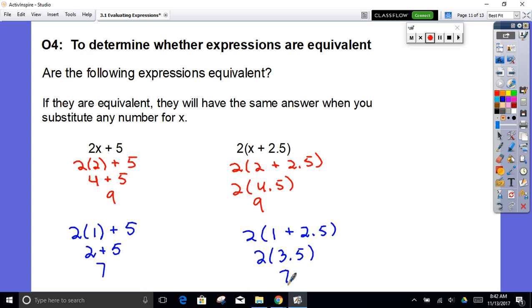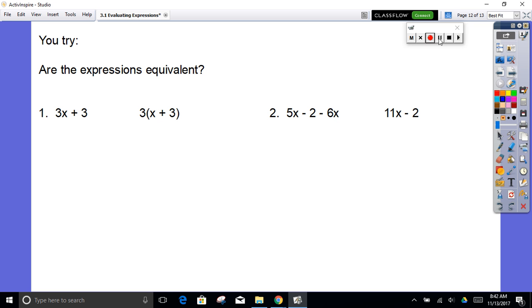Okay, next slide is 2 for you to try. So you can pick any number you want to substitute in for x to see if the expressions are equivalent. Okay, read. Are these expressions equivalent? For the first one, for number 1. No. Okay, what numbers did you use to prove whether or not they were equivalent? I used 2.